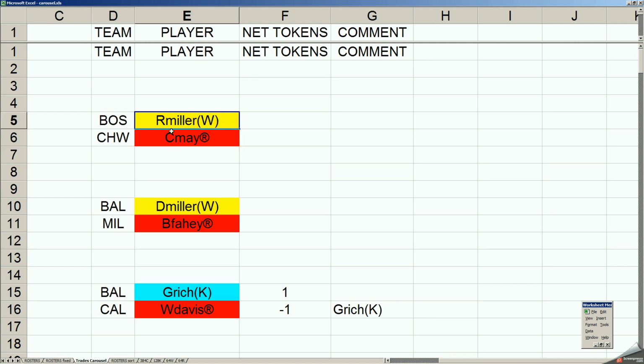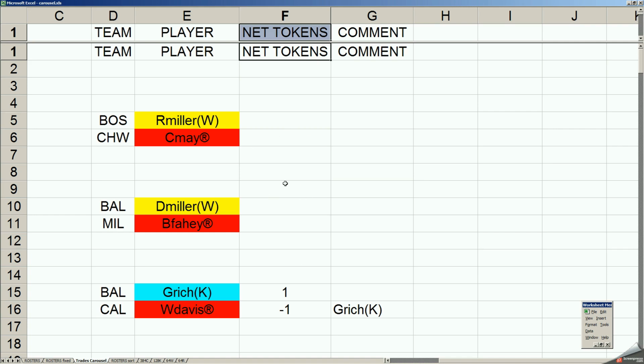Now, if a trade seems to be imbalanced, I will assign a token to a team as compensation. A token is an extra move in the draft, either sliding up or down in the draft, or the first crack at free agents once the draft ends. At the end of a draft, not all teams will have 20 players because some teams will improve guys and they'll have 18, 19 players.